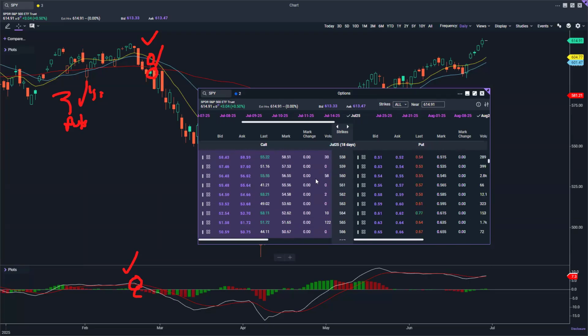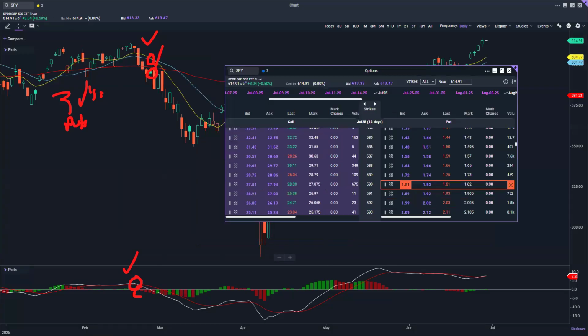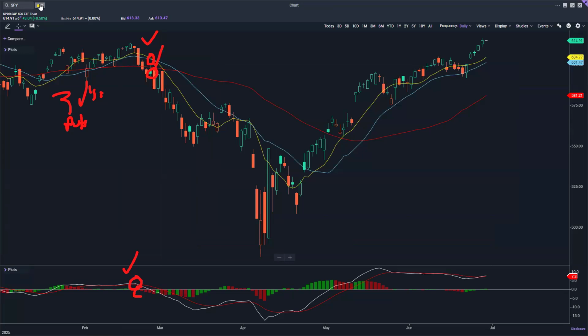So we'll say the 590. Now watch this. This is going to chart this going way back. So that was the 590. I've got to put this here too on the blue for it to chart it.